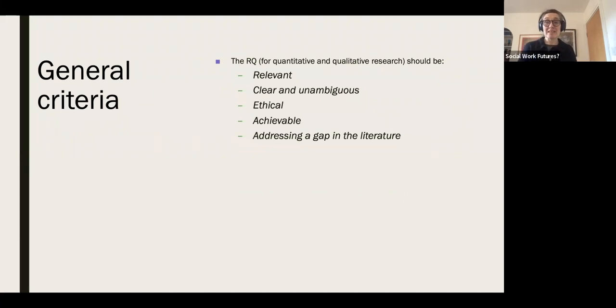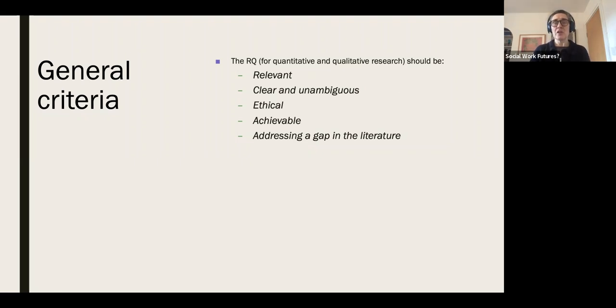There are general criteria for both that should be adhered to. The question should be relevant, it should be clear and unambiguous, and nothing woolly. It should be ethical, no harm should be caused by whatever it is that you propose to look at. It should be achievable, and this is really important, that often people want to address issues that are much wider than the resources or time they've got available.